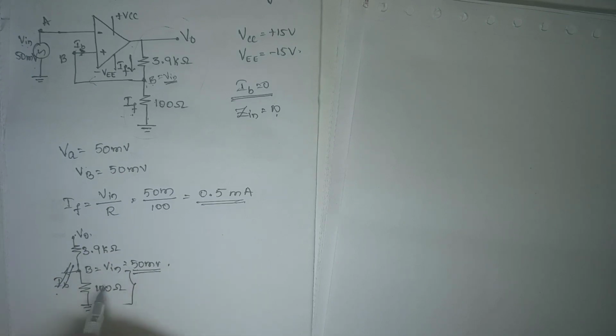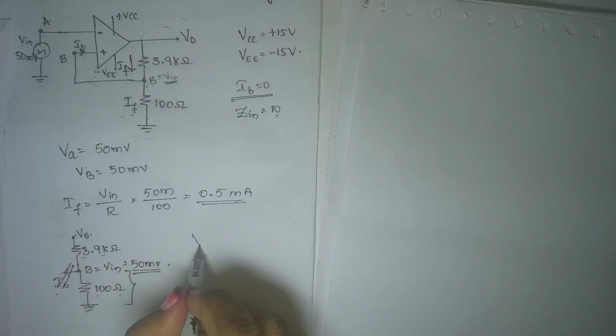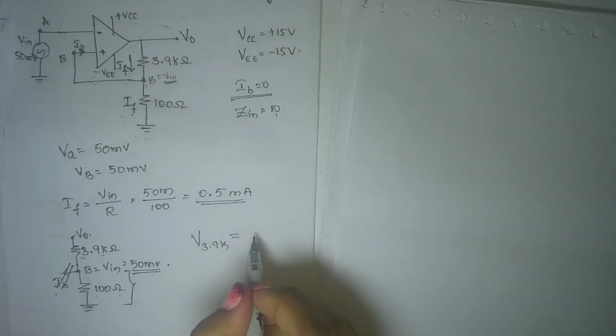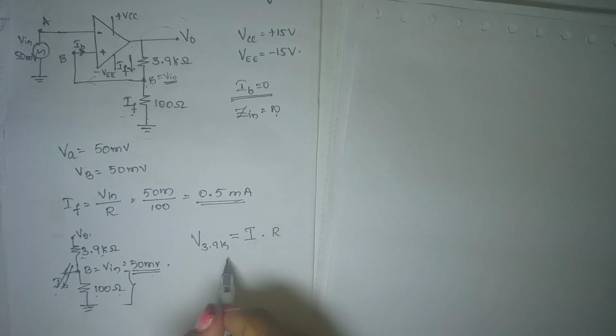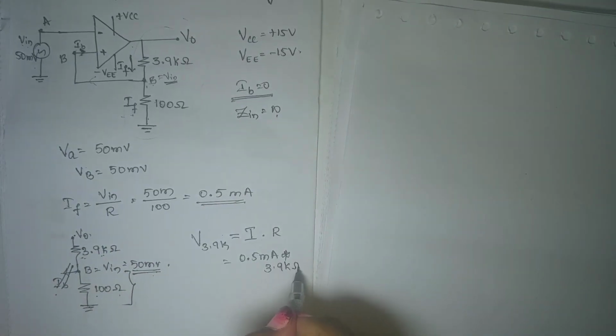So the voltage drop across 100 ohm is 50 millivolts. What is the voltage drop across 3.9 kilo ohm? We know that V is equal to I into R. I is 0.5 milliamps, R is 3.9 kilo ohms.